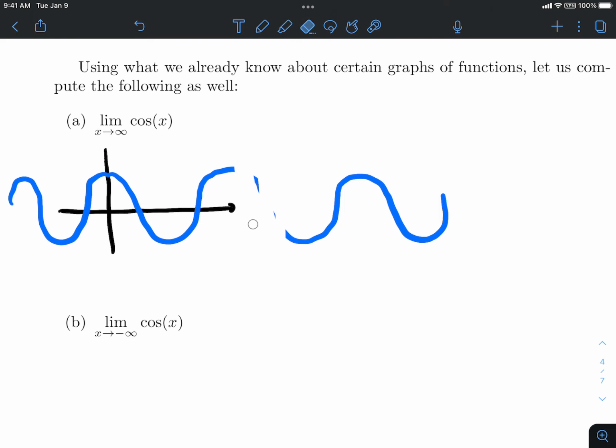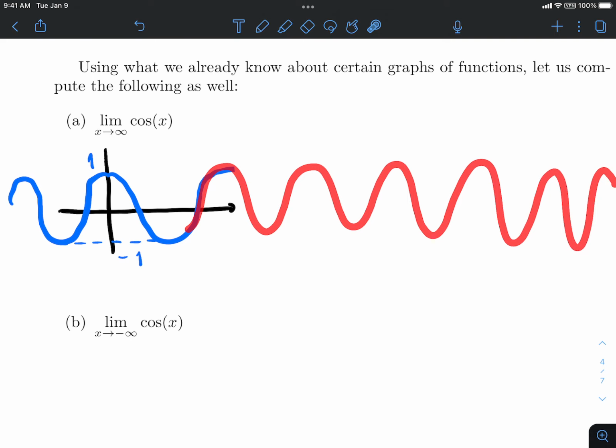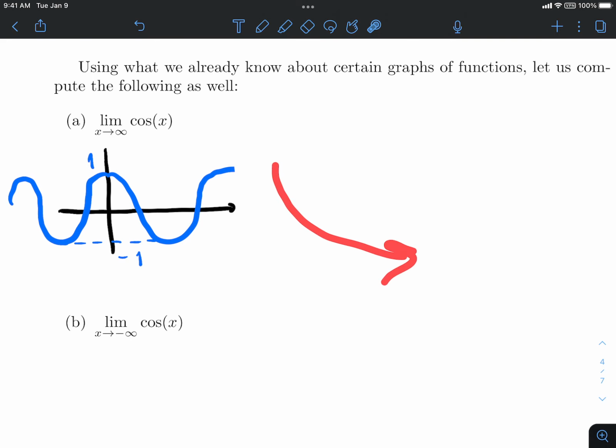I'll even erase part of it because this is unnecessary. Since you understand it, it's going to oscillate between -1 and 1. So this is 1. This is -1. There's no one number that x approaches as we're going to the right because it keeps changing. It doesn't approach one y coordinate. So this does not exist.